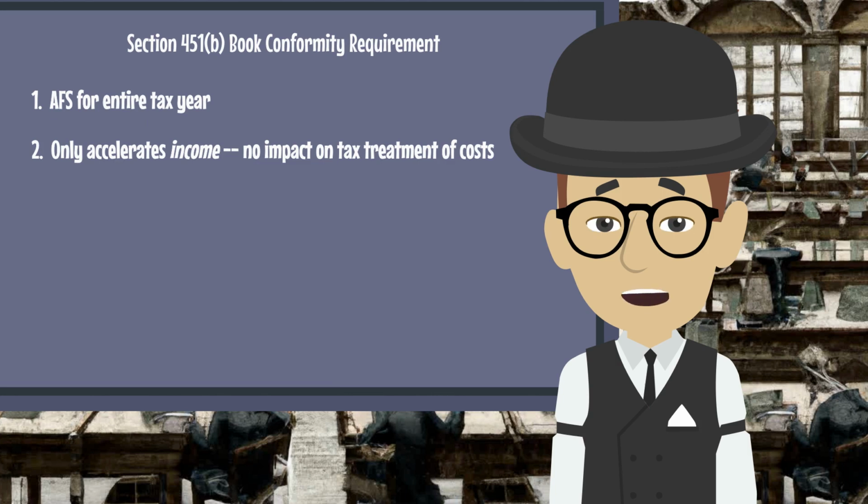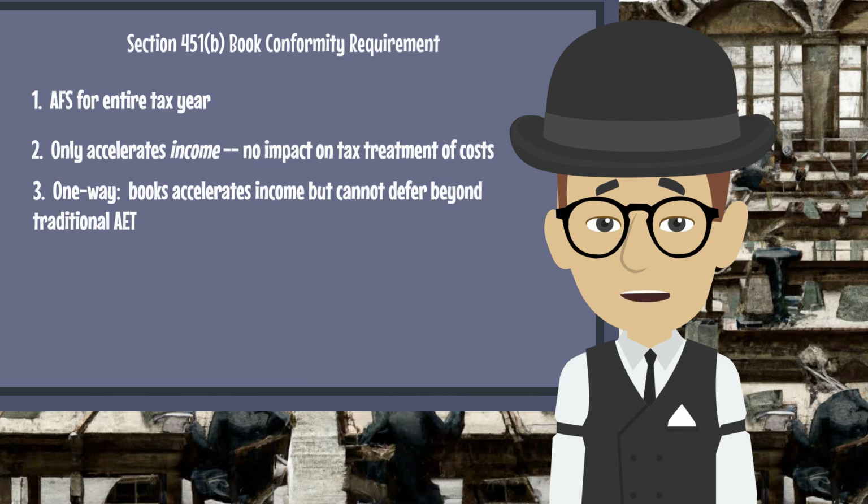It has no effect at all on the tax treatment of cost recovery, including ordinary deductions and costs of goods sold. Third, it only works in one direction to accelerate income if books includes it in revenue before the traditional all events test is satisfied. You cannot use it to delay recognizing income after the traditional all events test has been met.